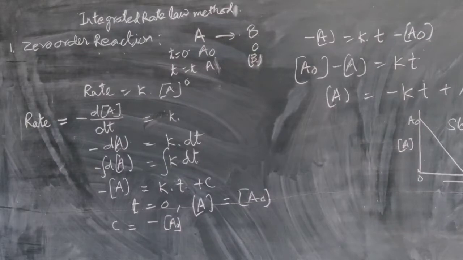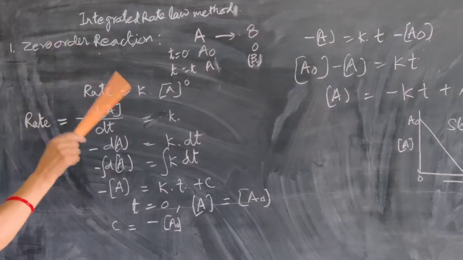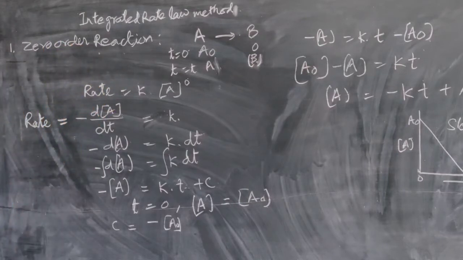So first, this is for the zero order reaction. You have to study only zero and first order reactions in the 12th class. Zero order reactions are very rare, because the rate is independent of the concentration of the reactant, so there are very few examples.